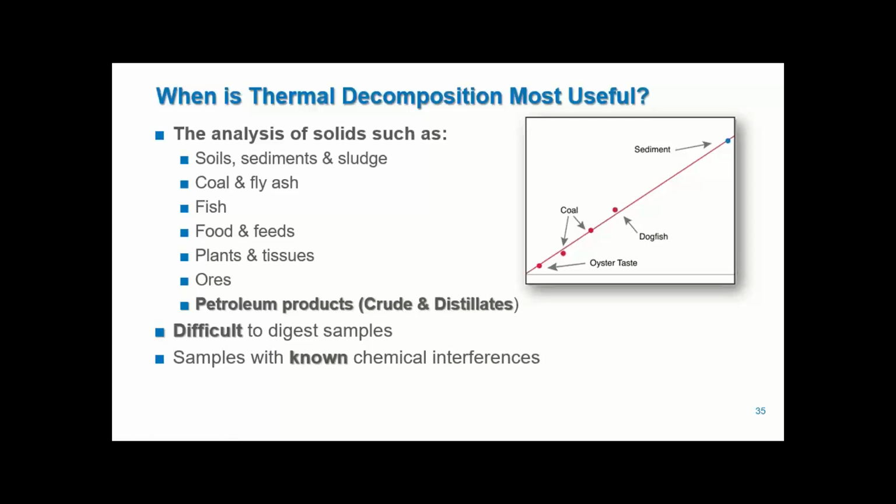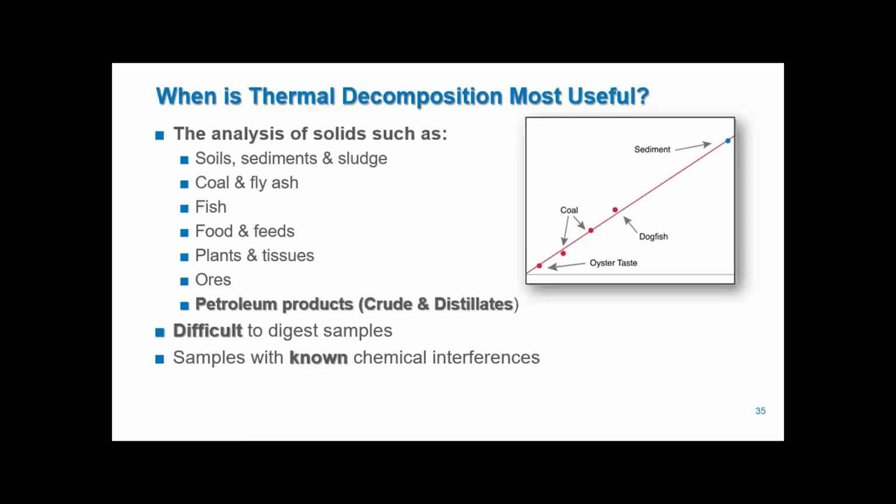So when is thermal decomposition the most useful? For the analysis of solid samples. There's a wide range: soil, sediment, sludge, fish, plants, petroleum products. Any sample that's difficult to digest or is non-homogeneous. And then samples that have a known chemical interference for the chemical reduction methods, like iodine or gold.